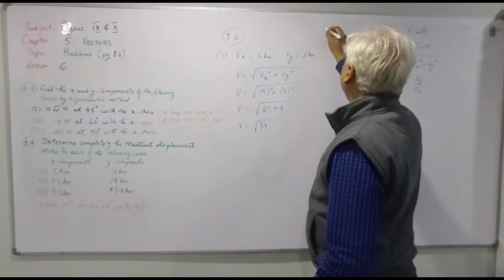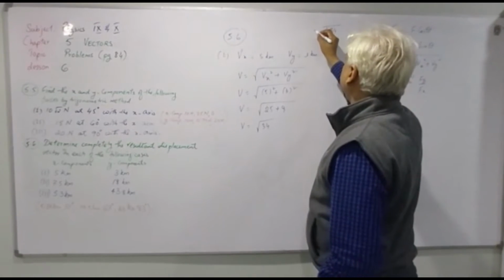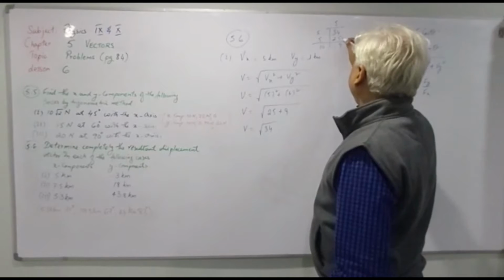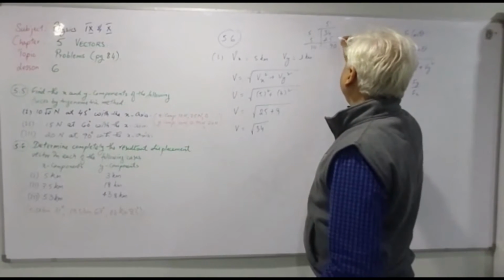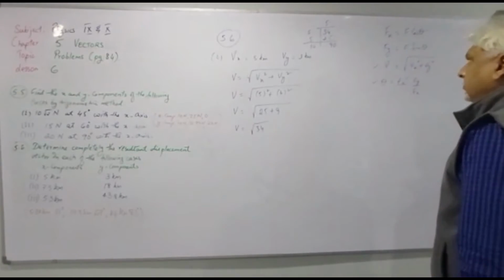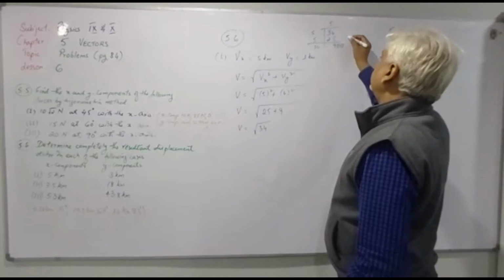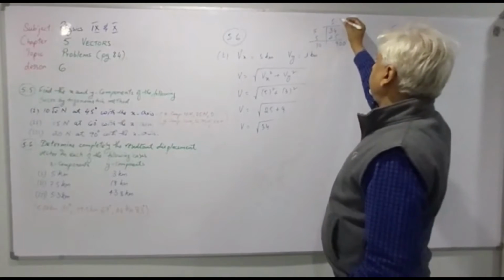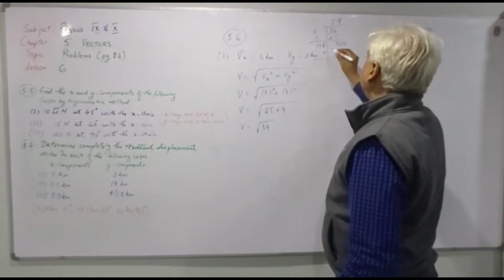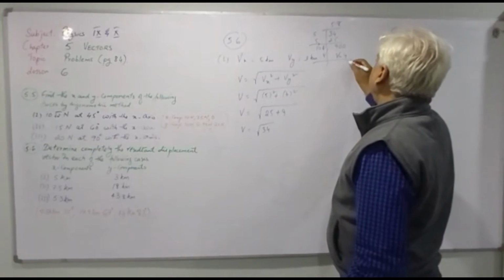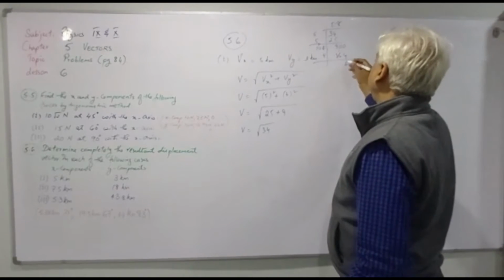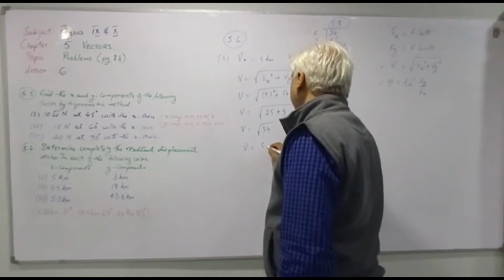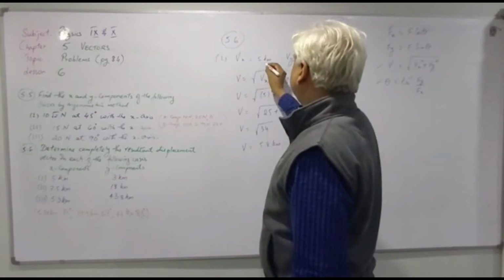Working out the square root of 34, it is coming to around 5.8, so the vector is 5.8 kilometers, since this is in kilometers.